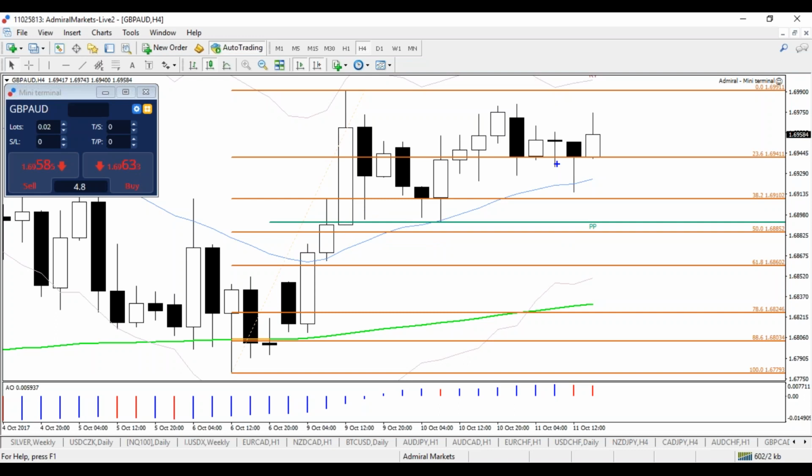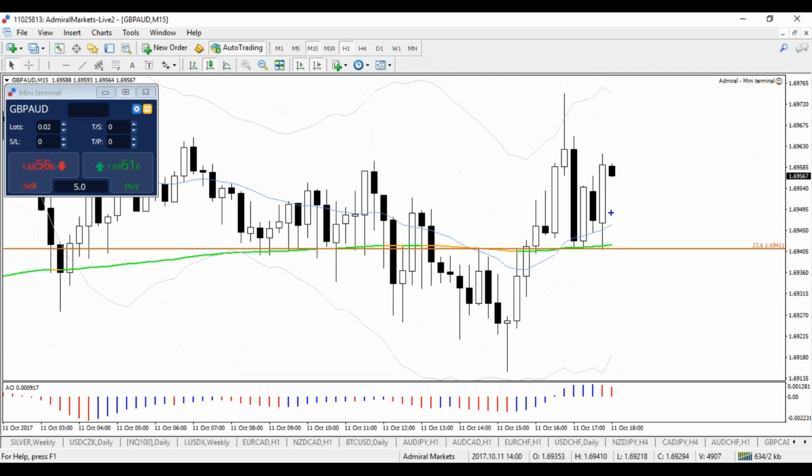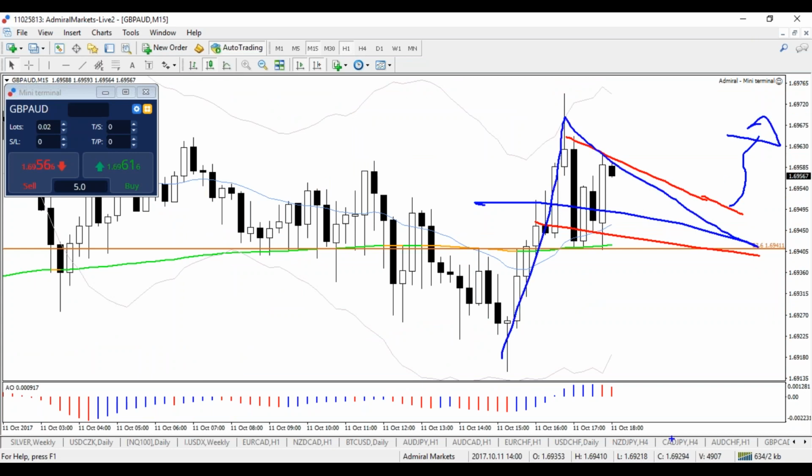On the hourly chart, we might have already a breakout, in fact, but it's possible. I like the 4-hour candle a bit more, but on the 15-minute chart, if we see some kind of correction like this, it could be worth trading the breakout there as well. For instance, we see momentum, so correction, breakout.